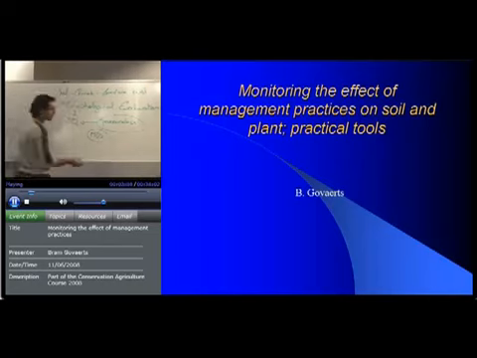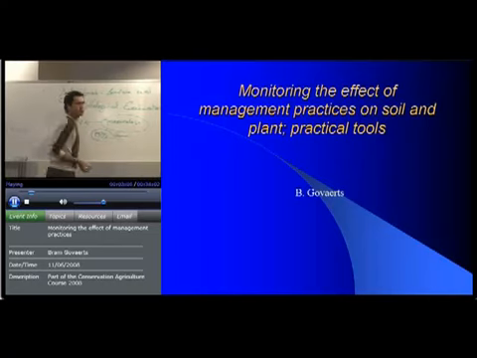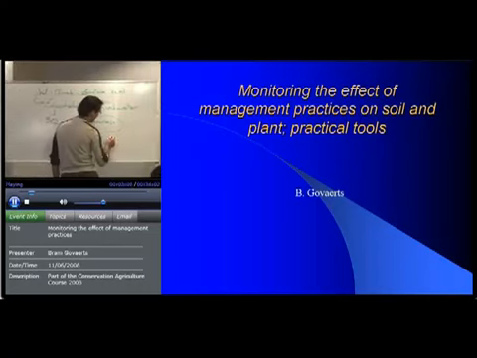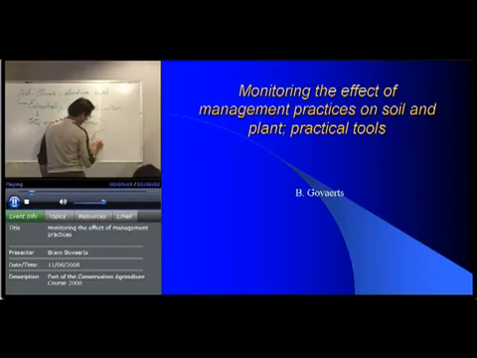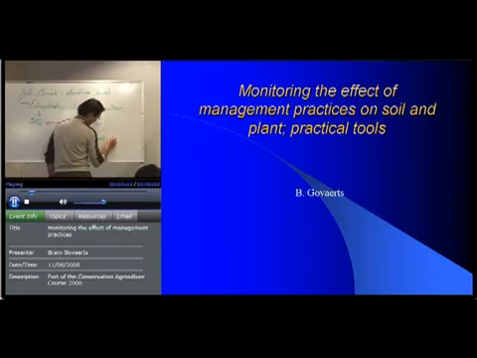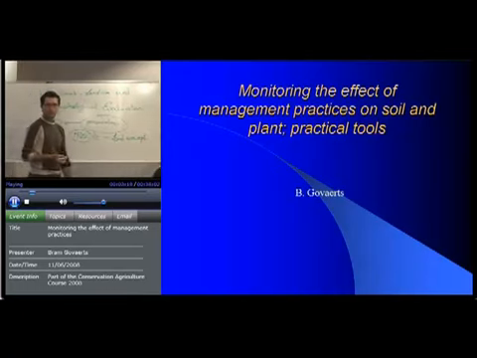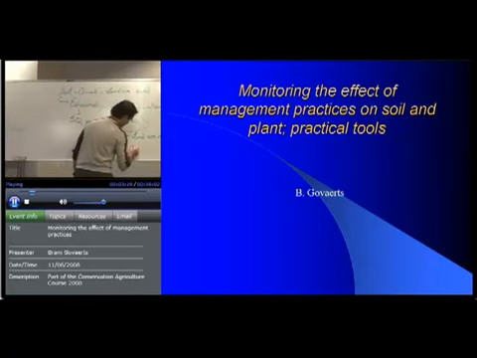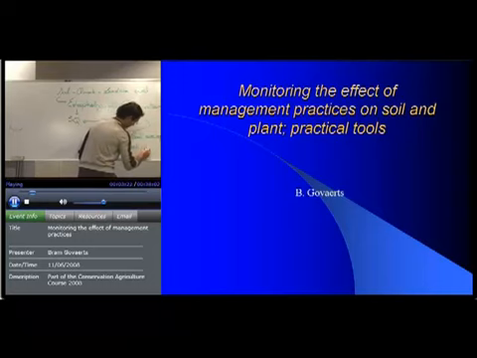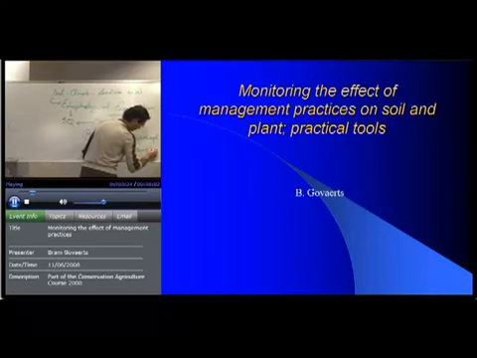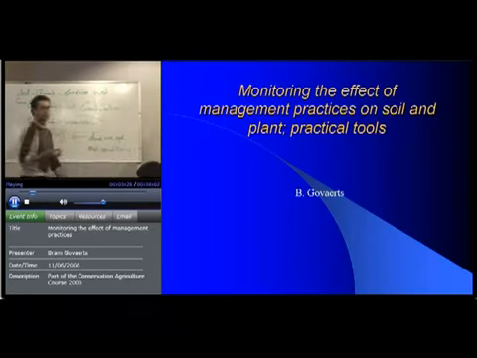In order to come up with a minimum data set, what were we going to do? We are going to compare the actual land use, so the optimal conditions for the actual land use with the actual conditions. Right?